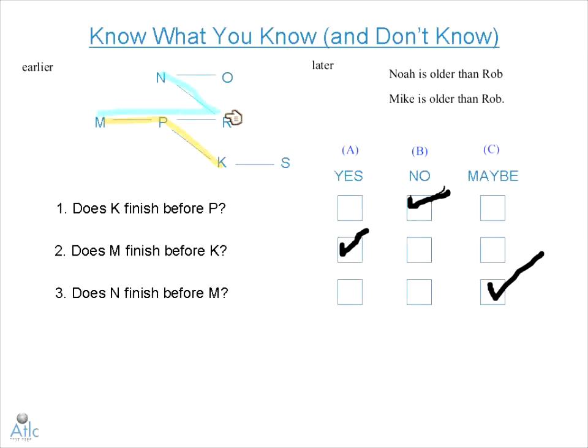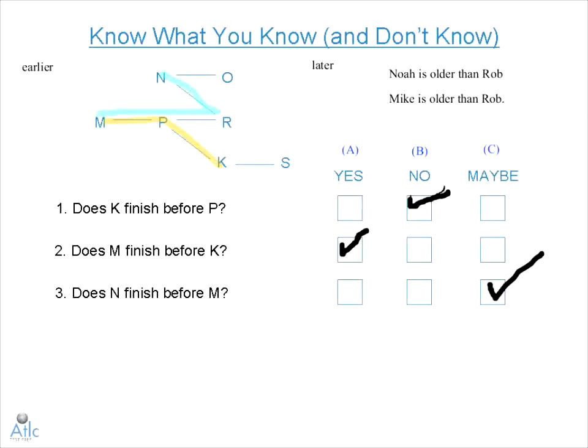I'm going to sort of go with what Pam's saying here. It's not sequential, and I think the issue is that we change directions. In this connection between M and N, we have to go backwards. But when we went from M to K, it's just a left to right movement. And when you have a left to right movement, without having to backtrack, you know the relationship.